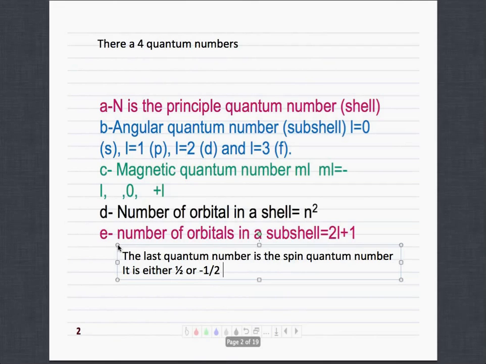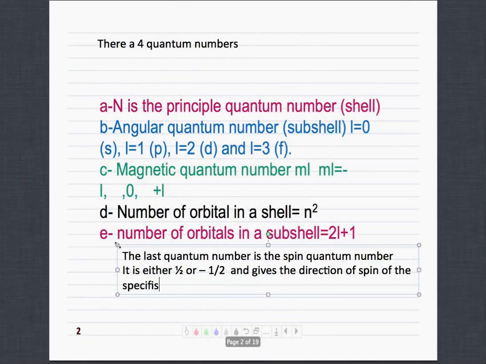Now, if I have n equals 3, l equals 0, ml equals 0, ms equals plus half, there will be no 2 electrons anywhere in the atom that have the same 4 quantum numbers.